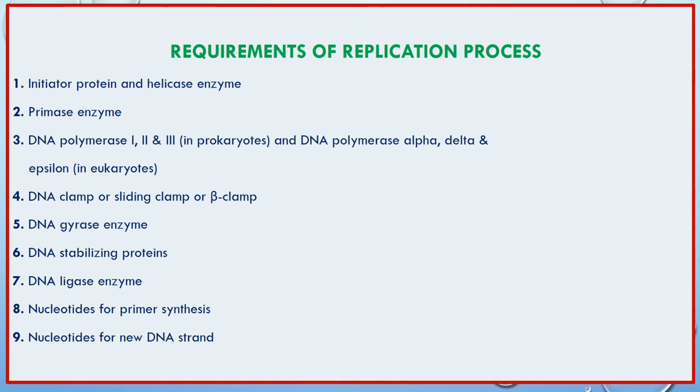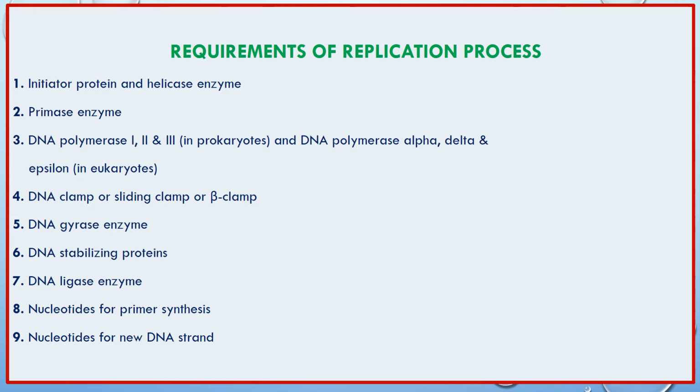Along with this, DNA clamp, sliding clamp or beta clamp is required. DNA gyrase enzyme, DNA stabilizing proteins, DNA ligase enzyme, nucleotides for the synthesis of primer, nucleotides for the synthesis of new DNA.